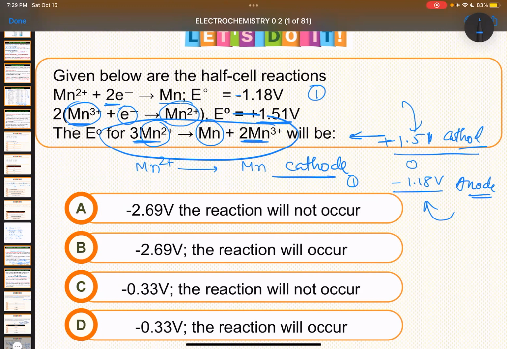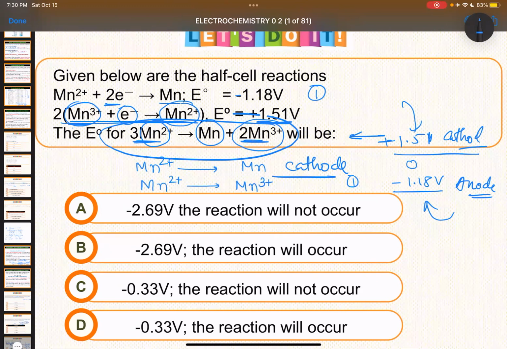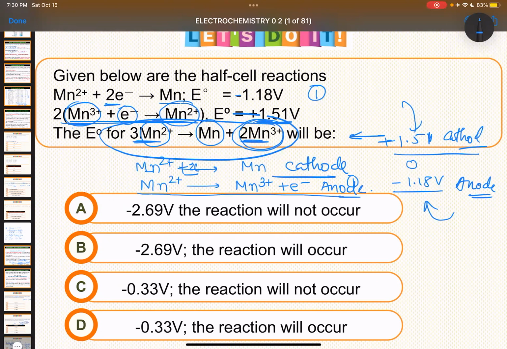So this one is not accepting electron, but Mn2+ is losing electron because Mn3+ is written on the right hand side. So it is going to be like this: Mn2+ goes to Mn3+ plus electron. So this is going to be the anode. So I look at the species which are given. Cathode is going to be the upper equation, and the anode is given in the lower equation.